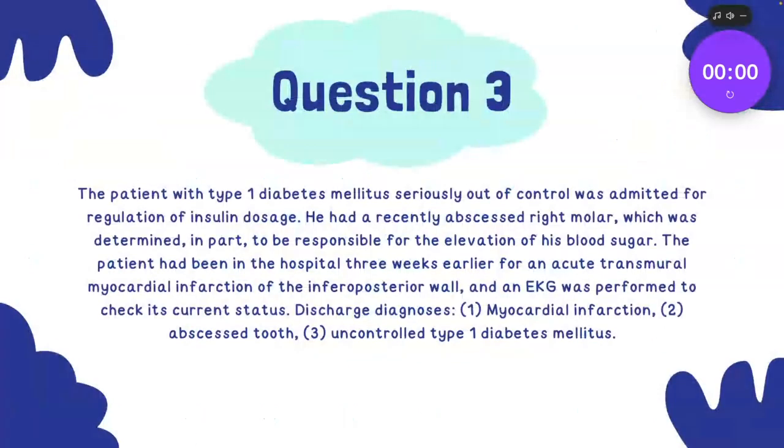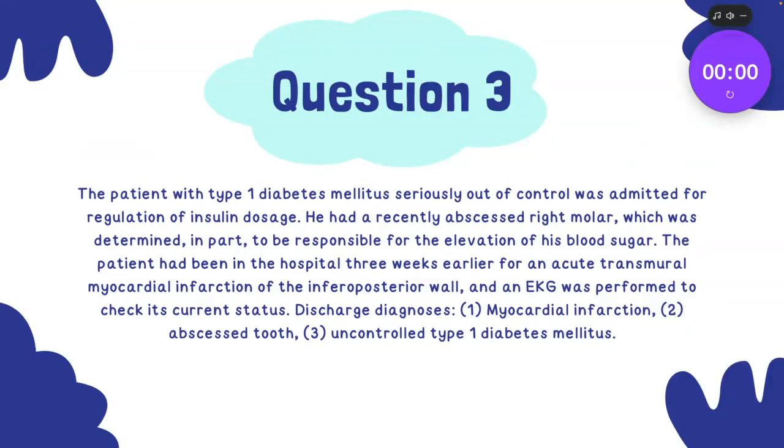Our last question for chapter 4. So, the patient with type 1 diabetes mellitus, seriously out of control, was admitted for regulation of insulin dosage. He had a recently abscessed right molar, which was determined in part to be responsible for the elevation of his blood sugar.